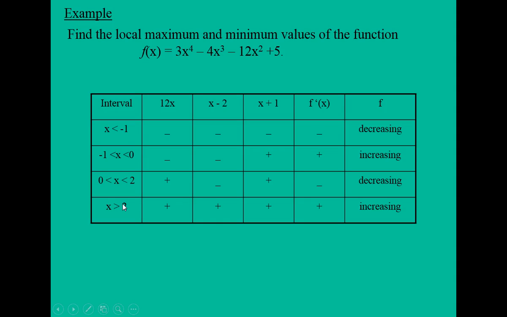Find the local maximum and minimum values of the function. Now this is summarizing what we did earlier, and this is in table format. So we can see the derivative changed from negative to positive, so we would have a relative minimum.